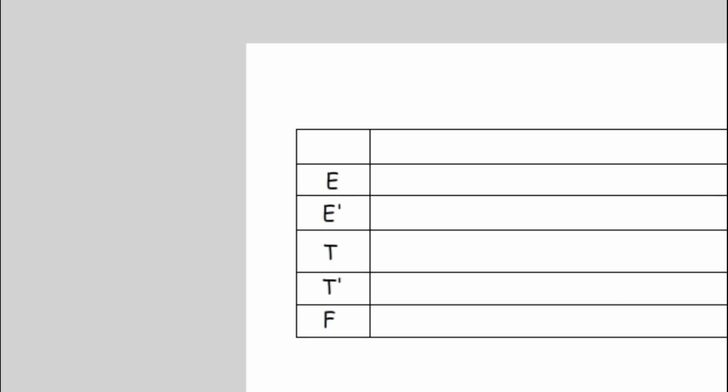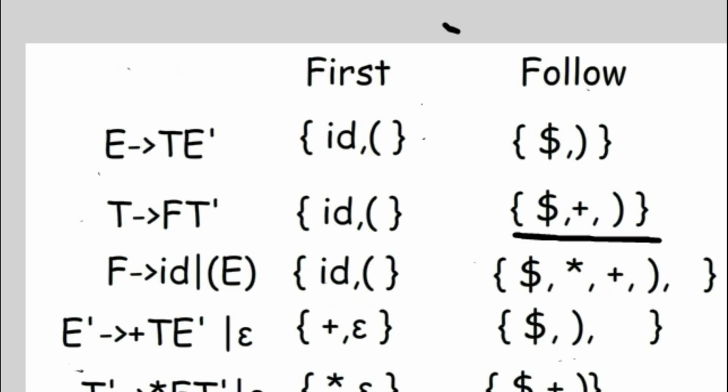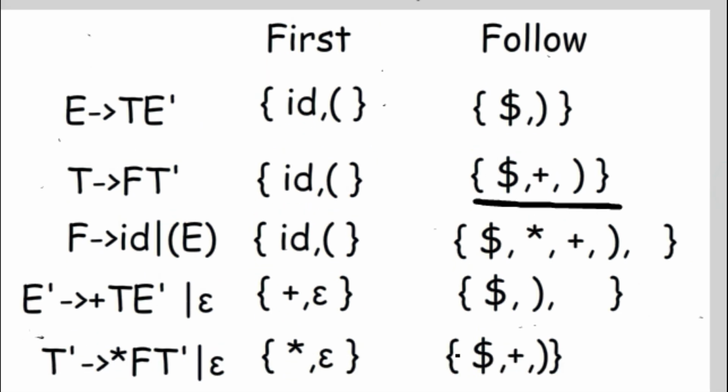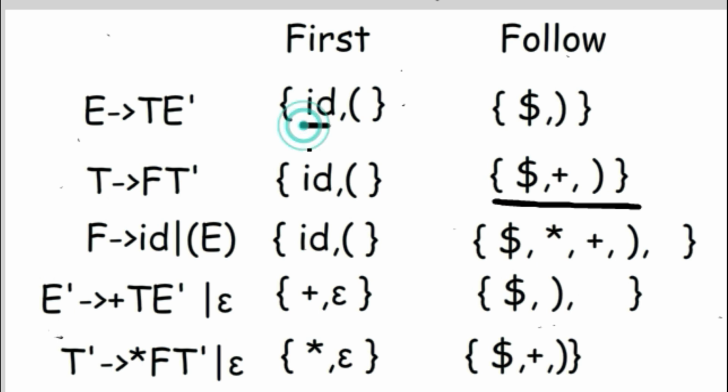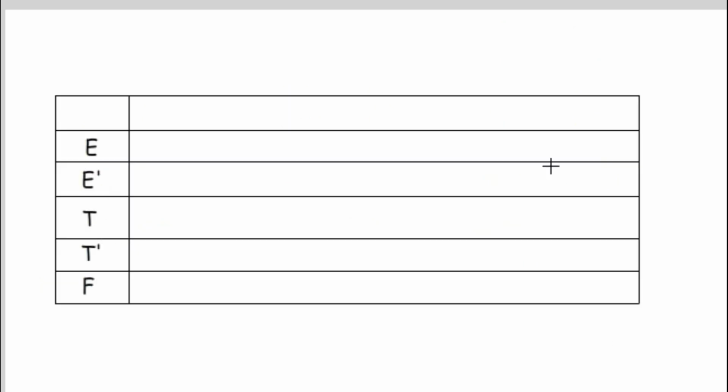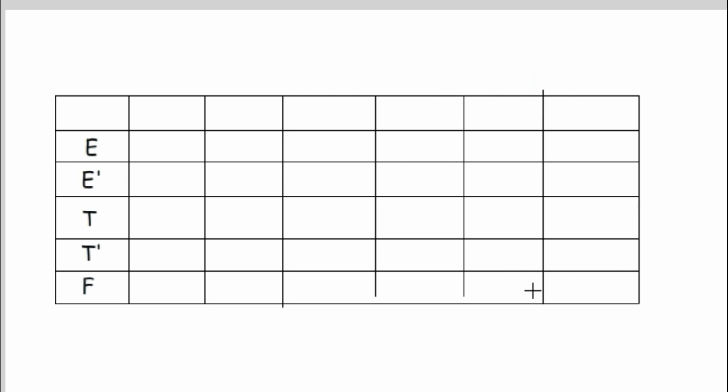Now we have to write the terminal symbols in the first row. So how many terminal symbols are there? We have ID 1, open bracket 2, dollar, dollar is also there, so 3, close bracket is 4, plus is 5, and star is the sixth symbol. It means we have 6 terminal symbols, so we will need 6 columns. First column, second column, third column, fourth column, fifth and sixth.